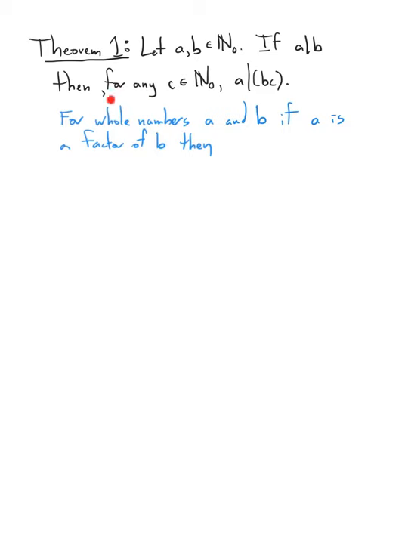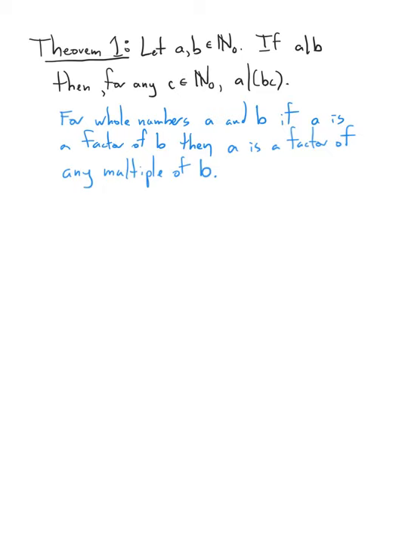So what this is saying here is that A is going to be a factor of B times anything. So it's going to be a factor of any multiple of B. So then A is a factor of any multiple of B. So that's what this is saying.